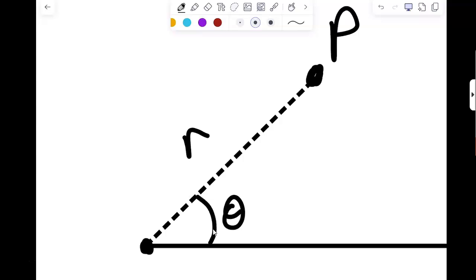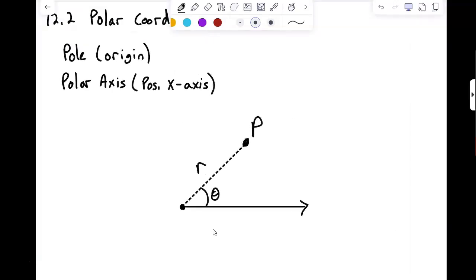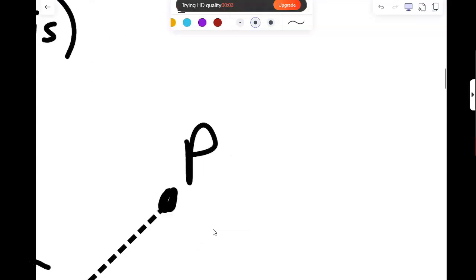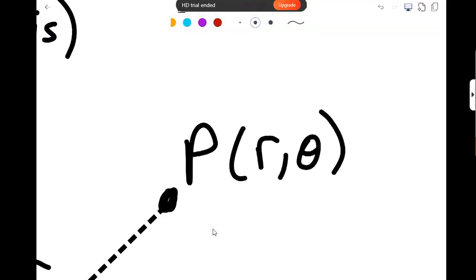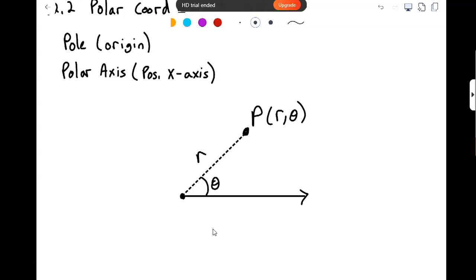That's exactly the same idea that we used for angles in standard position. So we measure the angle that we have to go from the origin. And then we would give this coordinates r, theta.